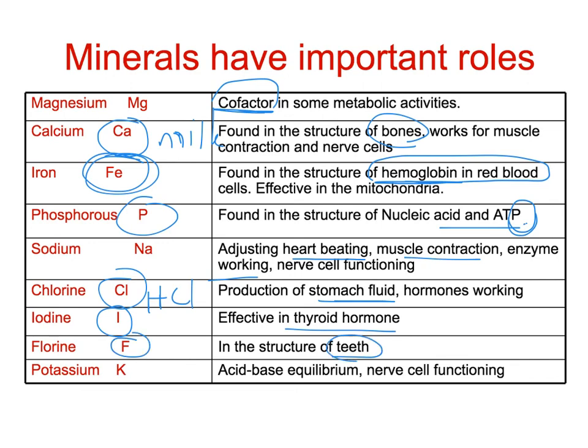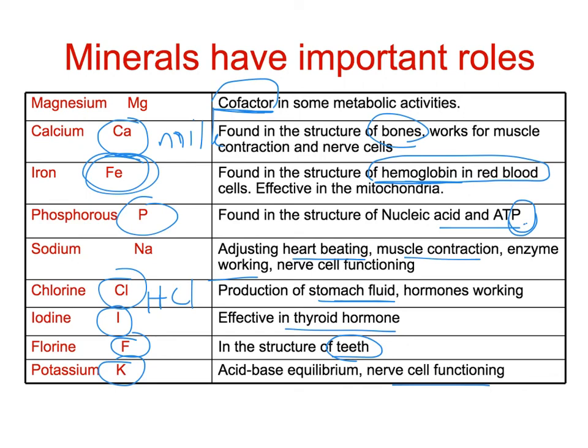Therefore, in your teeth, you brush your teeth with fluorine. And potassium is important in acid and base equilibrium, nerve function, and there are many more minerals, and these all are inorganic.